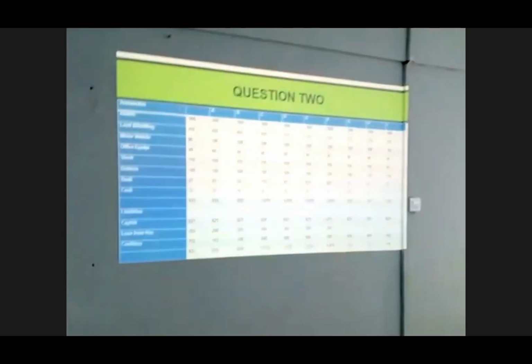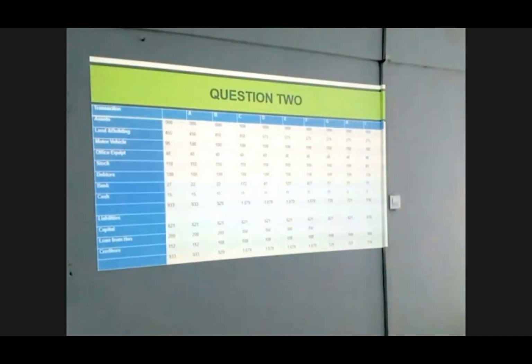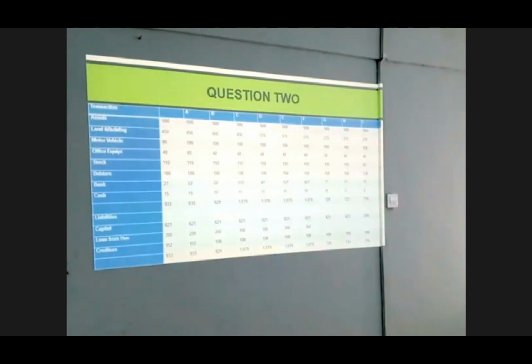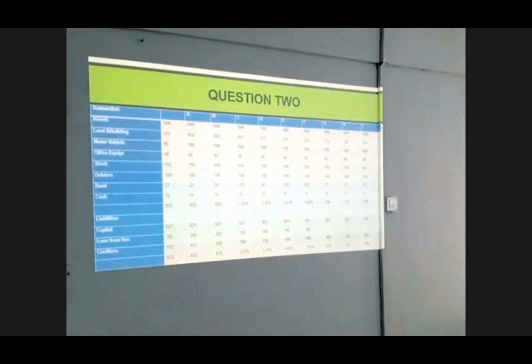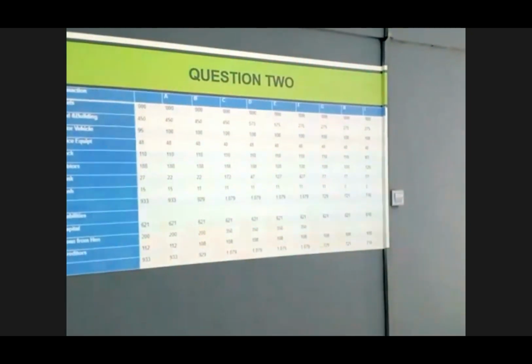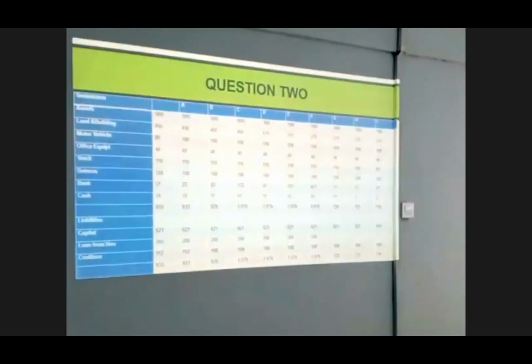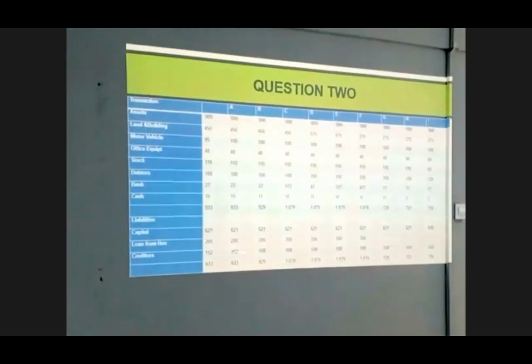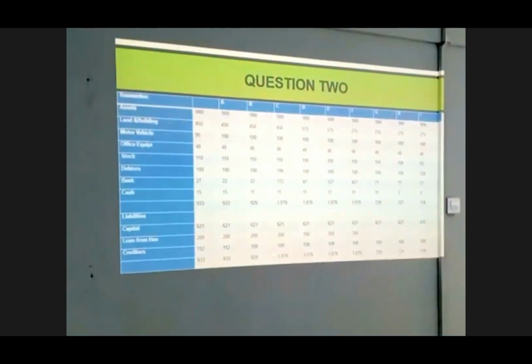So what narration are we going to give here? You can see the change in cash. Cash has gone down by 4,000, and then the creditors' value has also gone down by what?